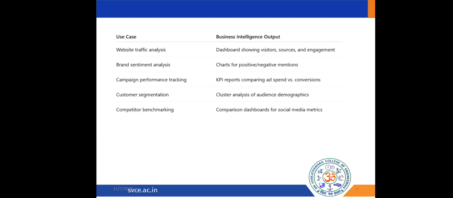When it comes to campaign performance analysis, it is a process of evaluating marketing efforts by measuring key performance indicators against set goals to understand effectiveness, optimize future strategies, and demonstrate return on investment.